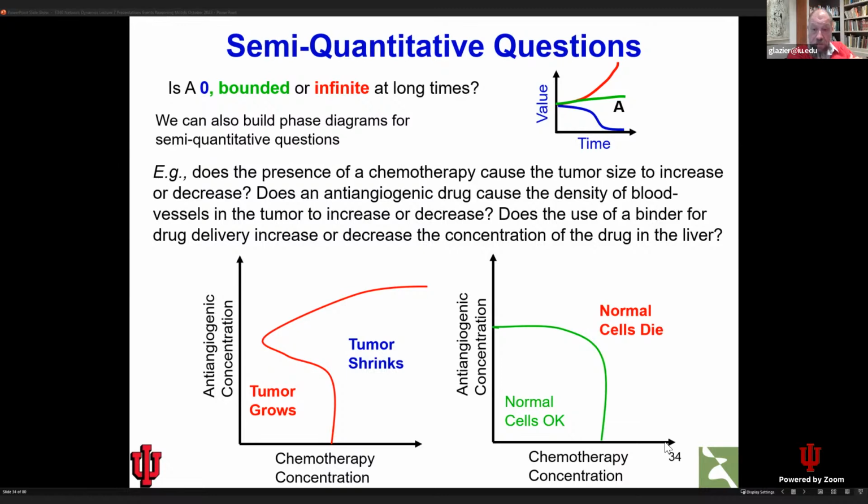Now, one of the things that I know is that if I give too much of a drug, it's going to kill normal cells. And so here, if I give a low dose of chemotherapy and a low dose of anti-angiogenic, my regular cells, my normal cells are okay. If I give too much of it, my normal cells die. Well, okay, those are both separate observations.